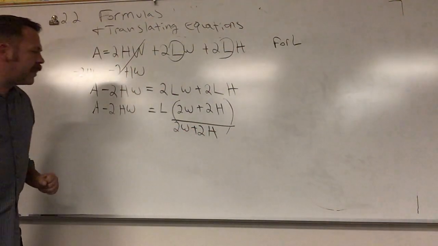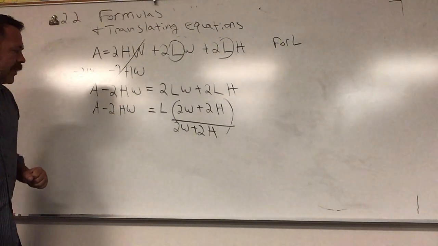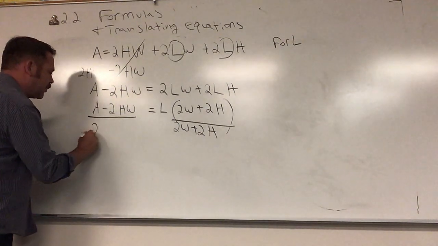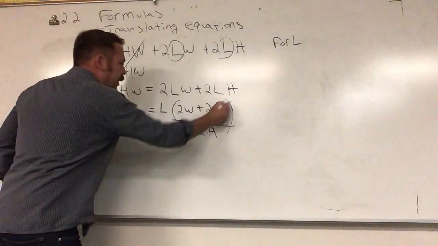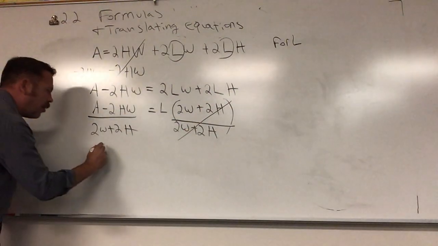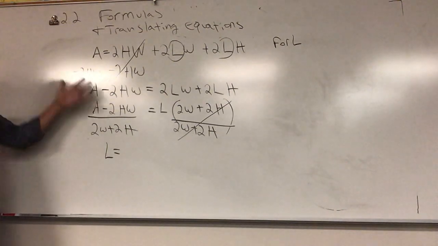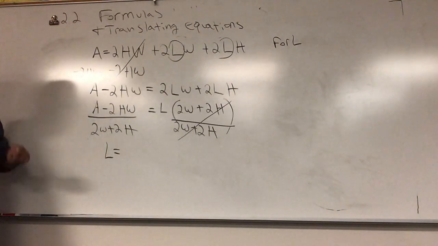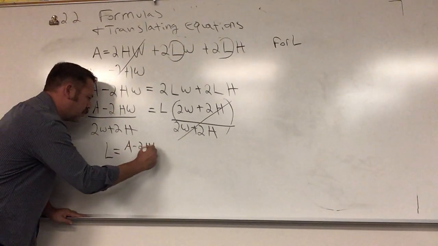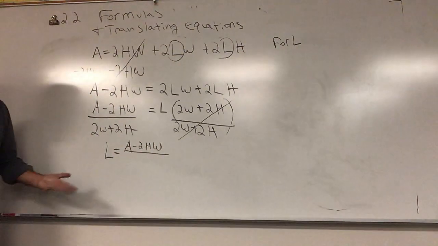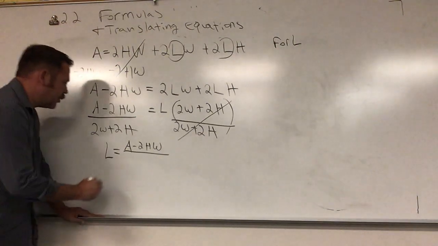But if I divide the right side by 2W plus 2H, I have to divide the left side by 2W plus 2H. So this is going to cancel, and L will equal, on the top I have A minus 2HW, and on the bottom I have 2W plus 2H.